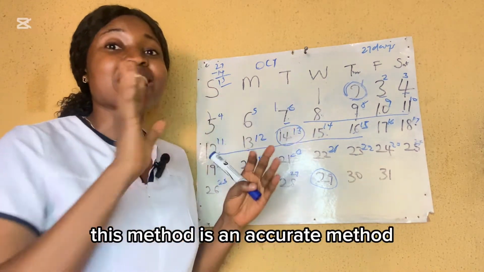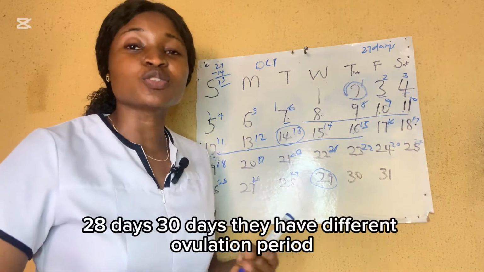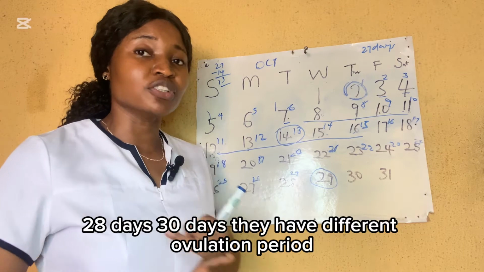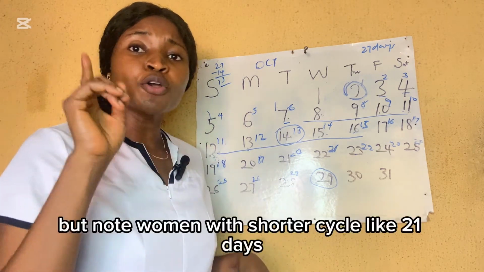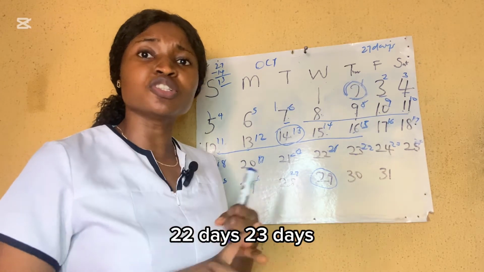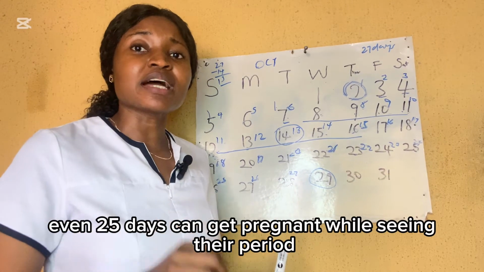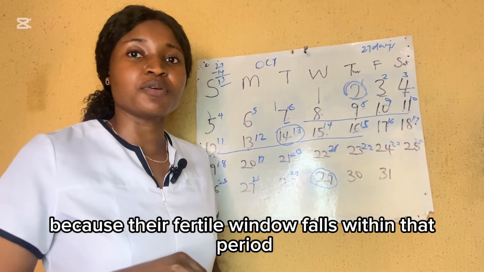This method is accurate, no stress. But people with 26 days, 28 days, 30 days have a different ovulation period, different safe period, and different fertile window. But note, women with a shorter cycle like 21, 22, 23, even 25 days can get pregnant while seeing their period because their fertile window falls within their period.